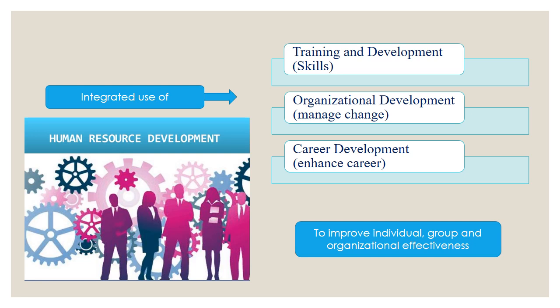And all this is used integratedly together to improve individual, group and organizational effectiveness. Thus, the American Society for Training and Development defines HRD as the integrated use of training and development, organizational development and career development to improve individual, group and organizational effectiveness.